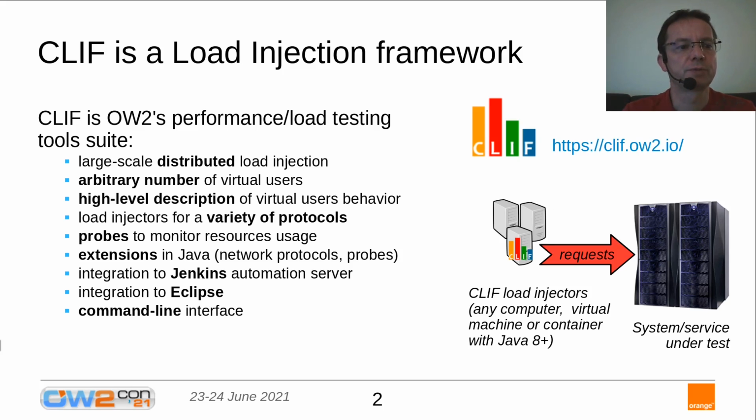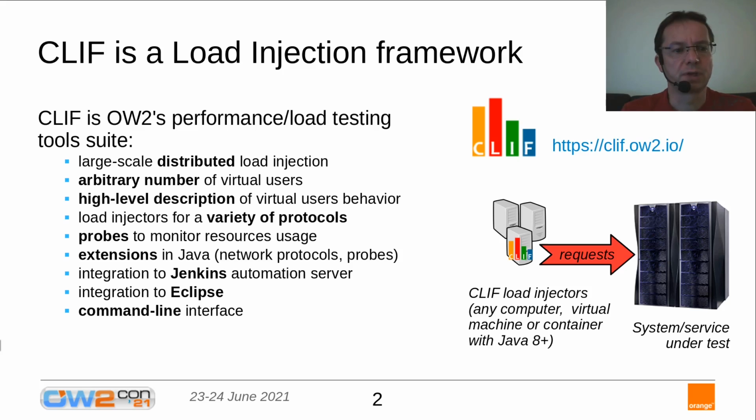And CLIF comes with an integration to the Jenkins automation server for automating performance test execution and reporting, as well as an integration to the Eclipse Rich Client platform, since CLIF's main graphical user interface is based on Eclipse. And finally, CLIF also provides a command line interface.